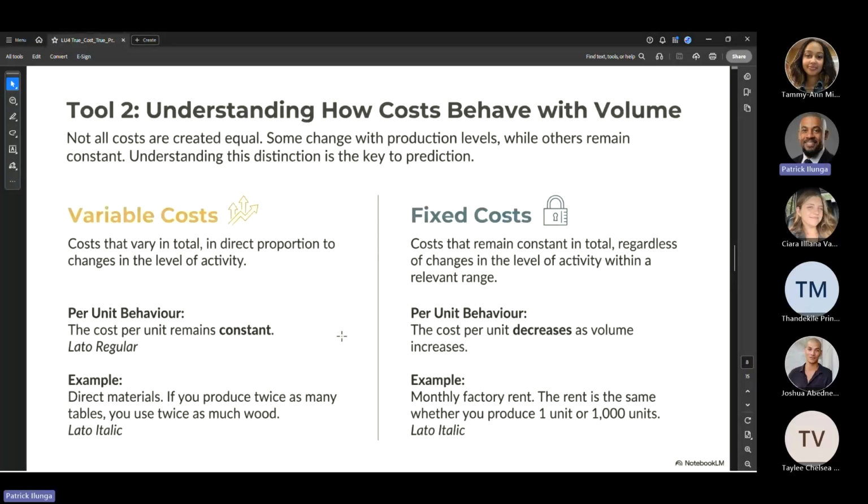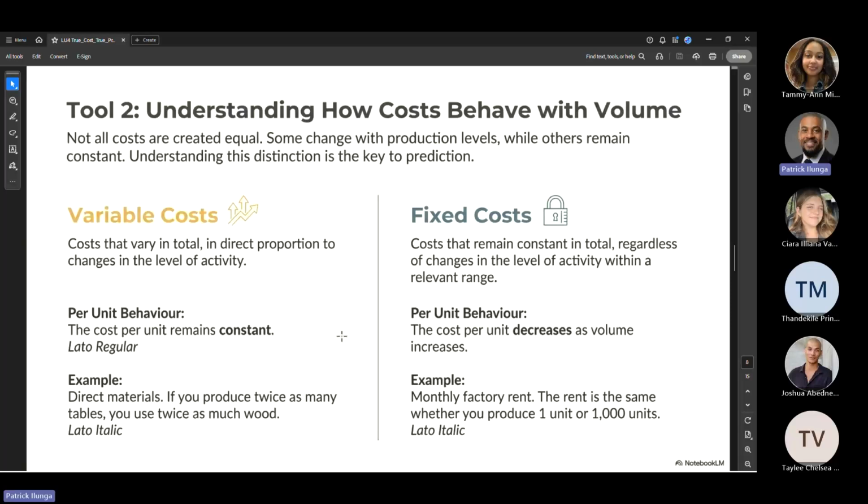Look at the variable cost. What does variable tell us? It means that it varies. So the total variable cost varies. It goes up and down with regards to what? To changes in the activity level or in the volume. So for variable cost, for example, if we produce one and it costs us 1 rand, if we produce 1,000, it's going to be 1,000 rand.